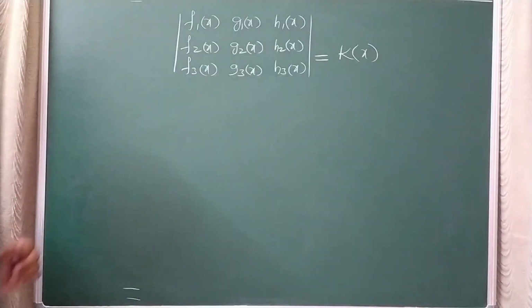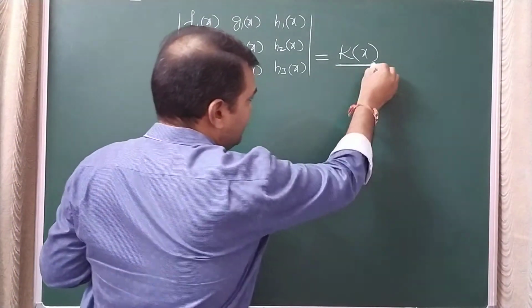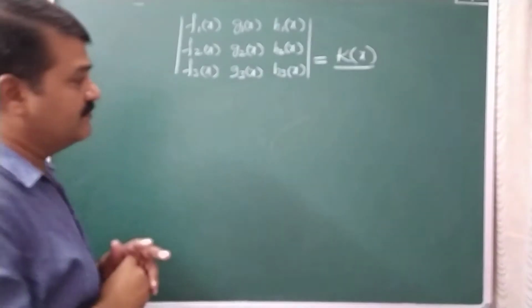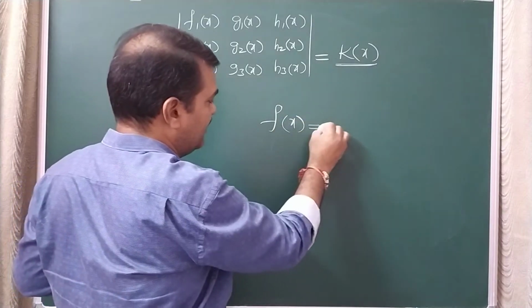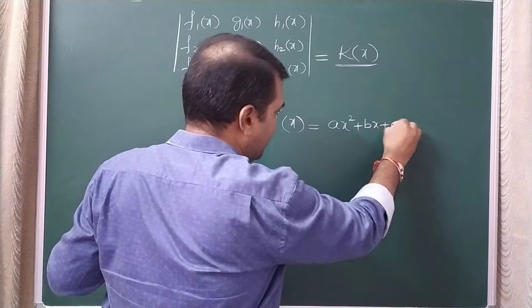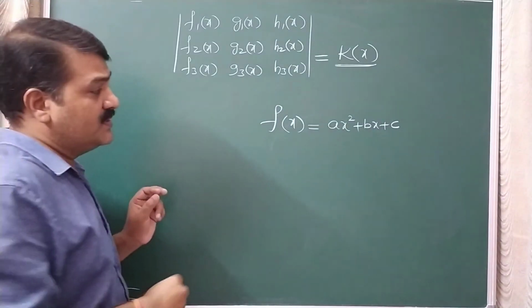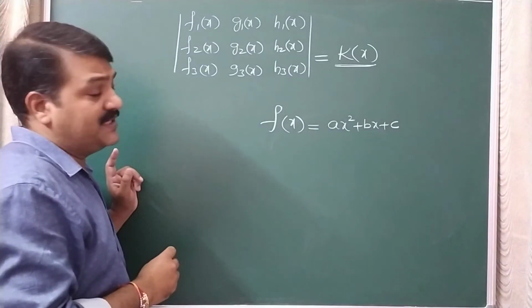What I am trying to discuss here is that our answer is nothing but some polynomial. For example, I will take a quadratic polynomial, ax square plus bx plus c.